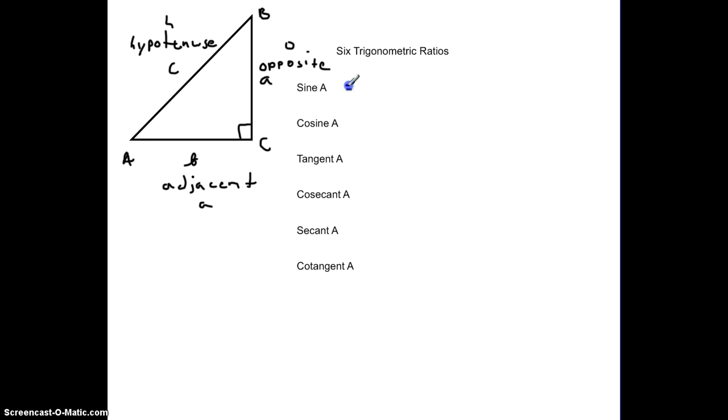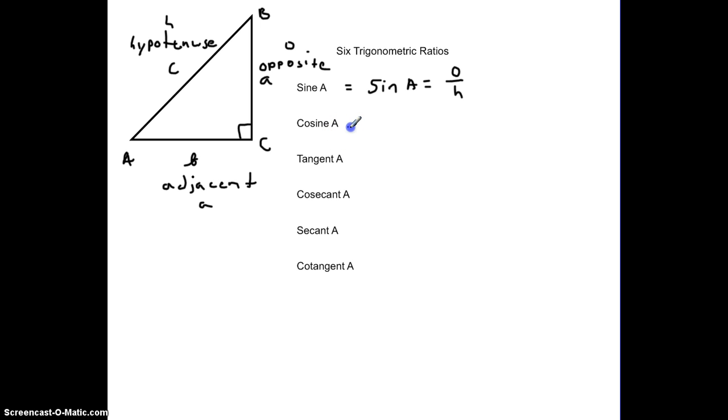So for the sine of angle A, we'll abbreviate SIN. It's still read sine of angle A. And the sine is always the opposite side divided by the hypotenuse, or we can abbreviate it O divided by H for opposite divided by the hypotenuse.